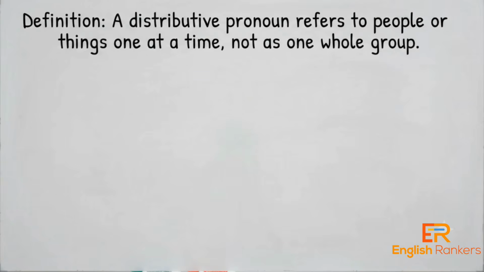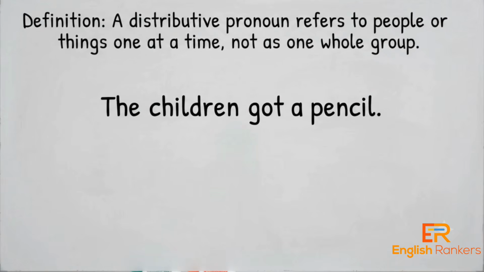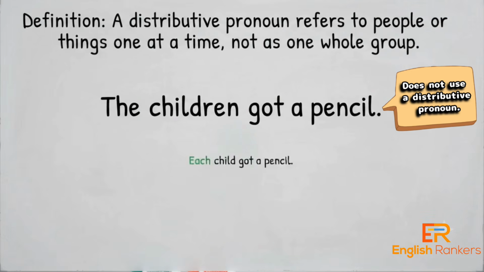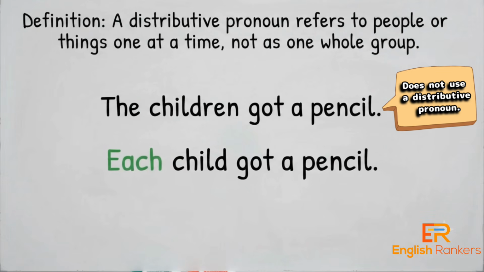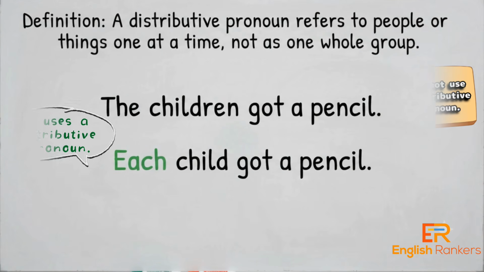Look at this sentence. The children got a pencil. This talks about the children as a group, so we may not clearly know if every child got one. Now look at, each child got a pencil. This tells us clearly that every child got a pencil individually. So, distributive pronouns help us show that every member of a group is considered separately.